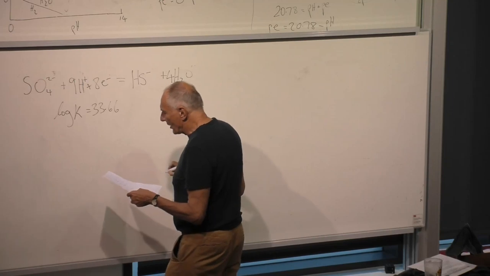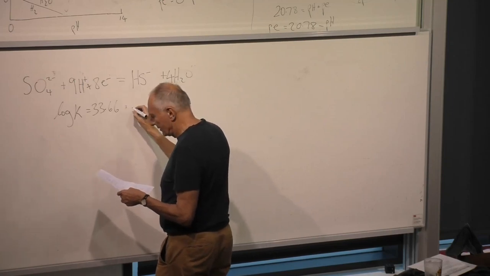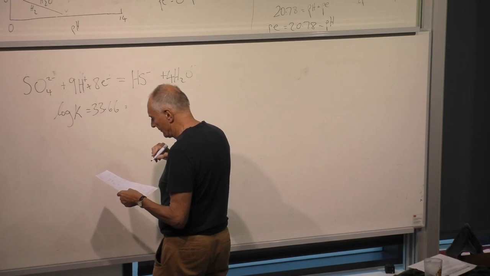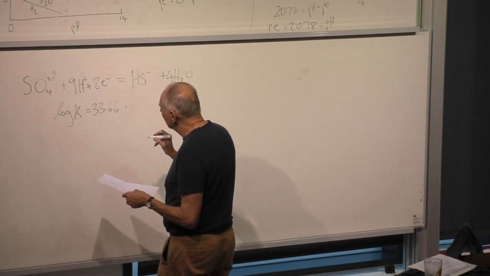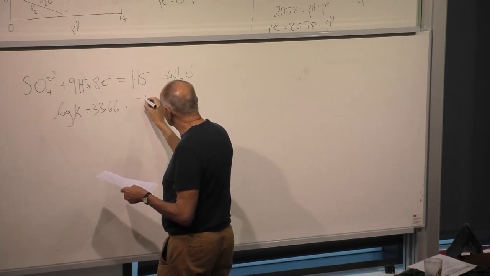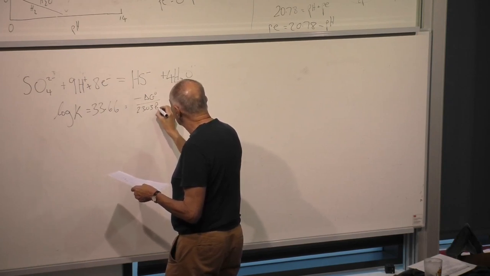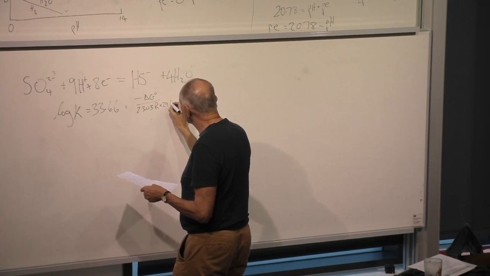Which, if I can remind you, is minus delta G0 over 2.303 RT. And the T is 298.